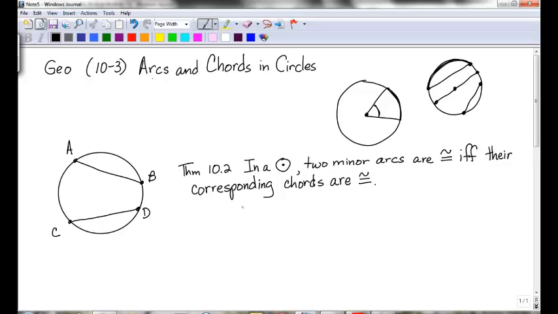So what that says in this picture, if segment AB, the length of that AB, is congruent to segment CD, then arc AB is congruent to arc CD.